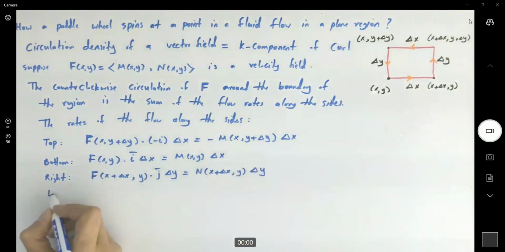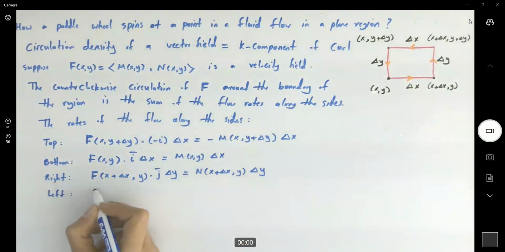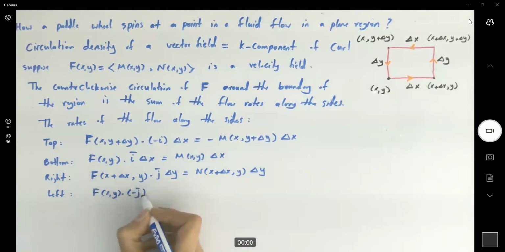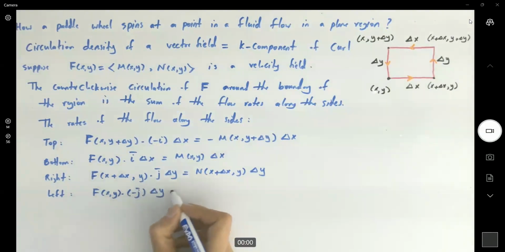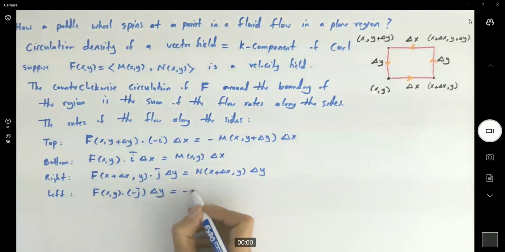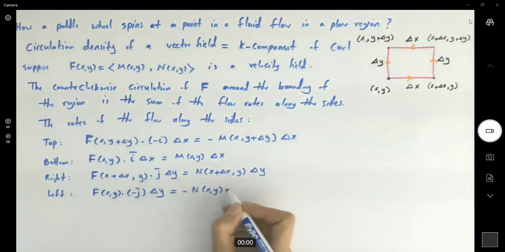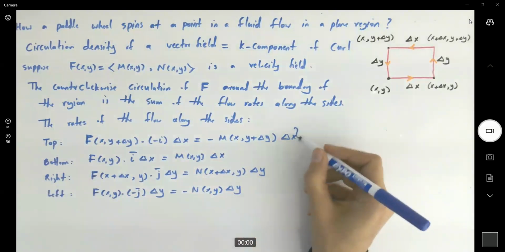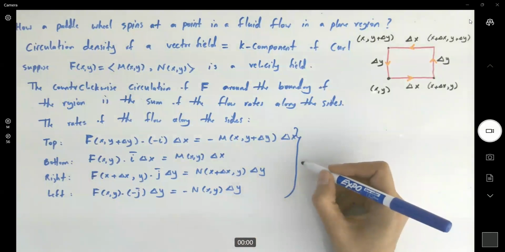And finally, for the left side, we have F of x and y dot negative j delta y, which gives us negative N of x and y delta y. Okay, so let us add the opposite sides and see what we have.